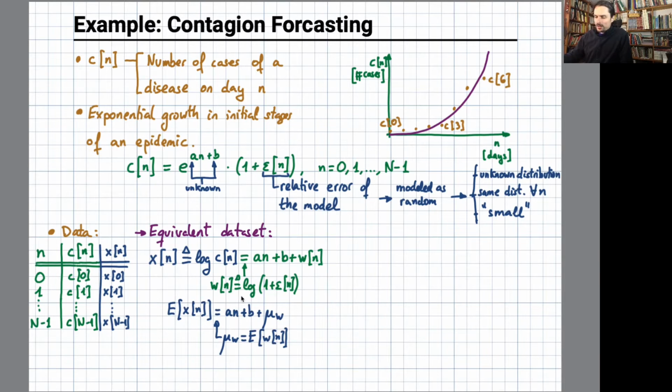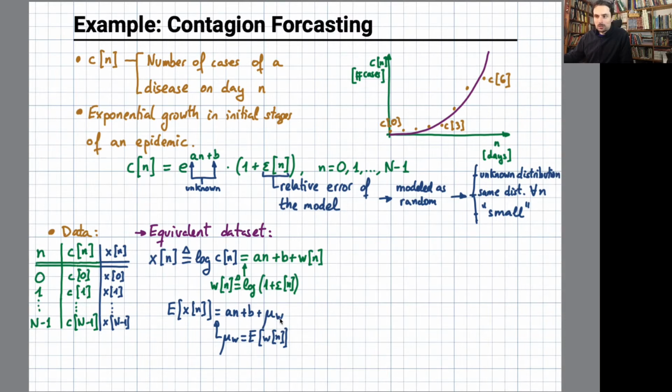However, there is a difficulty here, and it is the fact that if we compute the expectation of x, we see that it is equal to a n plus b plus the expectation of w, right? And the expectation of w is not known.